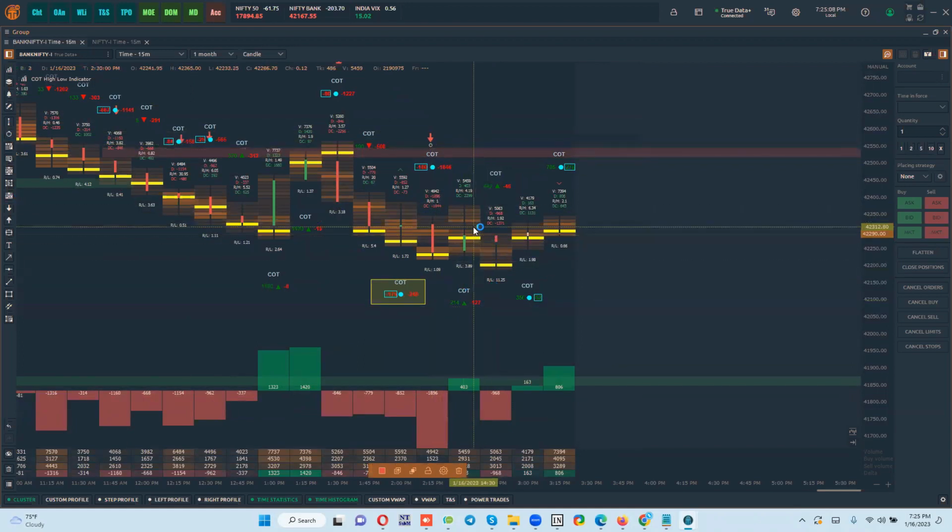We see a normal candle, we see a normal candle, we see again some kind of strength around this level where we see a positive candle, and both COT low and COT high values are positive.